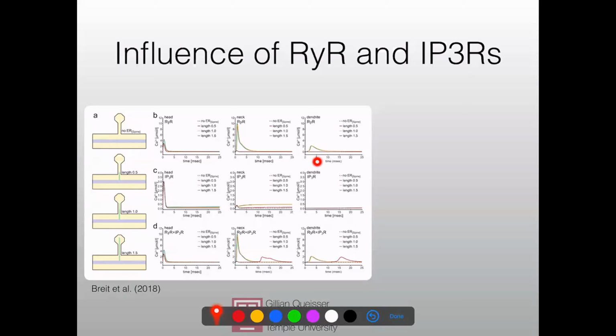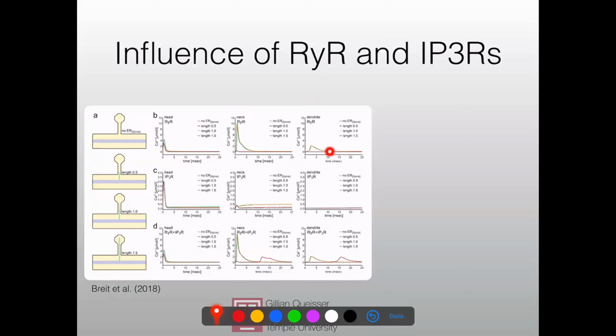So we see that in the head and the neck, we see a calcium response, whereas at the dendrite, there is only a response, excuse me, I was pointing in the wrong direction. This is the neck, this is the head. And in the dendrite, we only see a response if the length of the ER into the spine head is sufficient to induce spine to dendrite coupling.